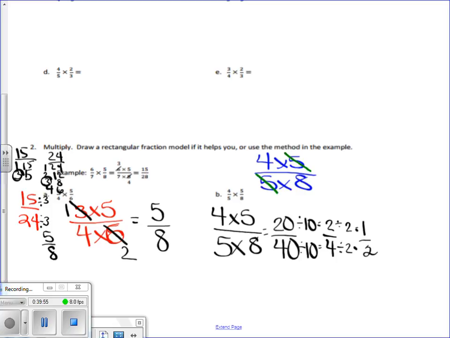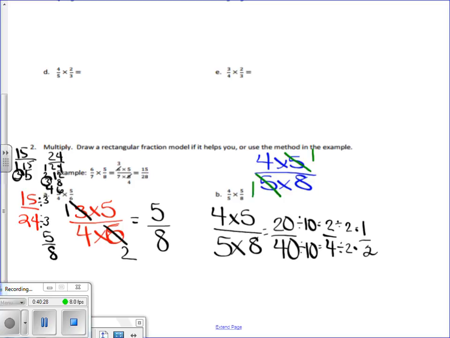So you could cross those out and make them a 1. And that's okay. If you didn't see it, now you know: when you've got the same number top and bottom, turn them into a 1. Because 5 divided by 5 is 1. They're simplified by itself.